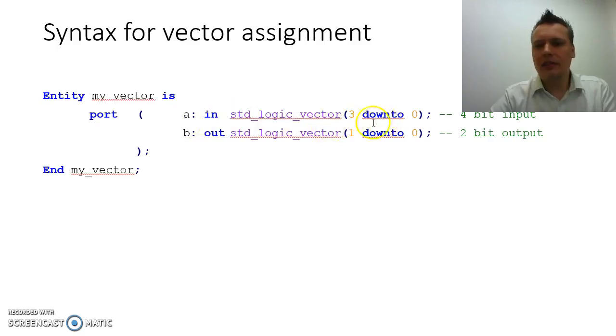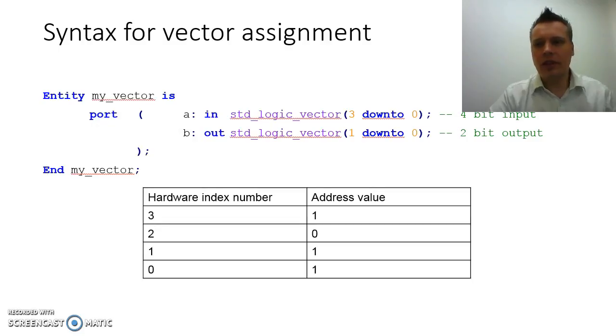The standard logic vector can go from 3 to 0, so the indexing goes from 3 to 0. So we have a 4-bit input. The output is a 1 down to 0 output, so the vector here is basically a 2-bit output. So far, so good.